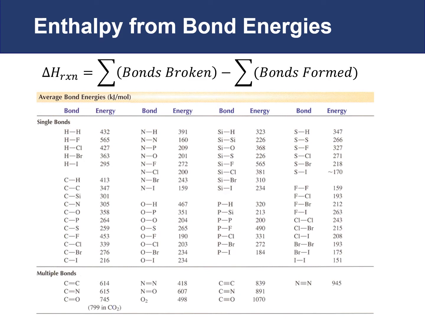Now, another way of coming up with our enthalpy of reaction values, and this would be typically used for new molecules. So if you go into an organic lab and you synthesize something that is brand new, you're not going to be able to find it in a set of tabulated values for the enthalpy of formation.